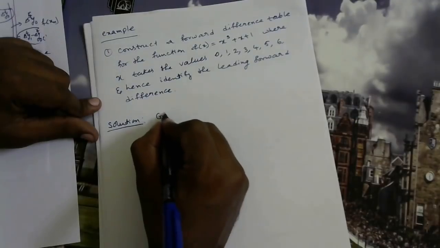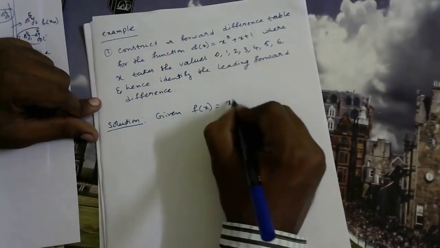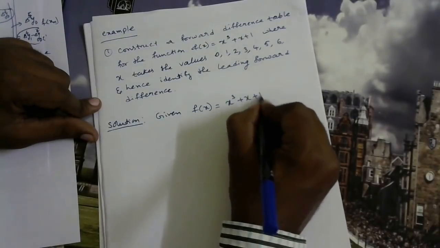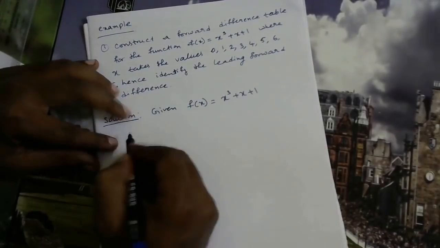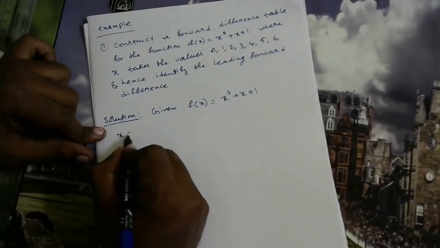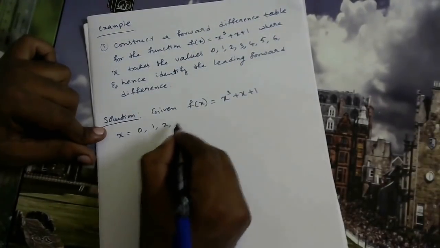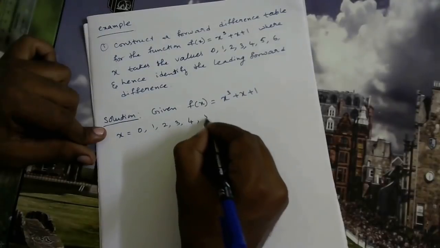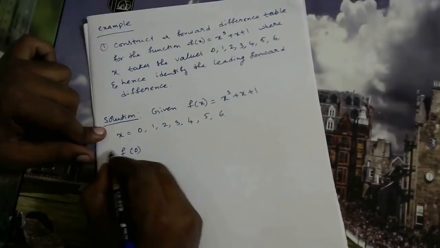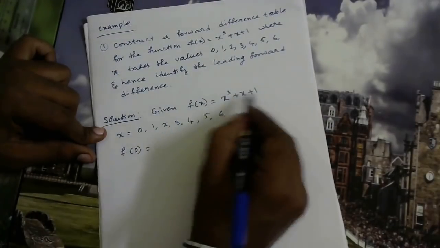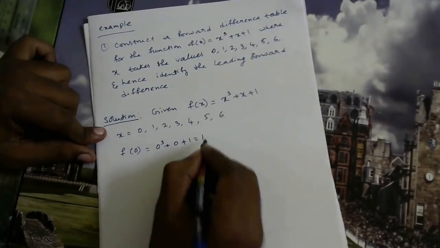Here what are they given? Given f of x equals x cube plus x plus 1. Here x takes the values 0, 1, 2, 3, 4, 5, 6. So put x equals 0: 0 cube plus 0 plus 1, so we'll get 1.